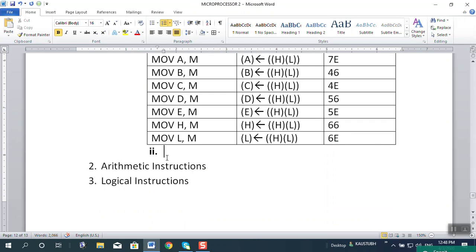Similarly, just the opposite one. Move M comma R, just the opposite one. So it means again M is the same, the memory location whose address is in HL register pair. So from our R it will copy to the memory location whose address is in HL register pair. So move to memory.